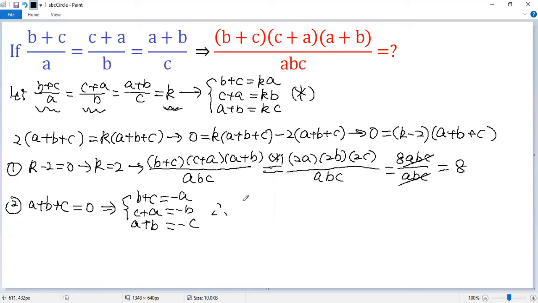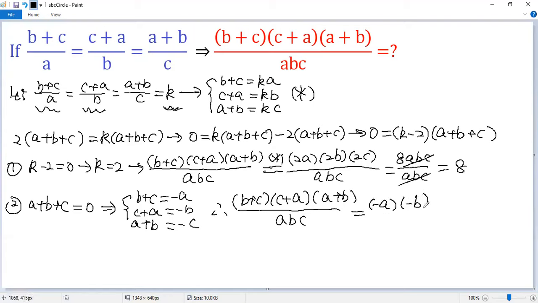So the target expression, (b plus c) times (c plus a) times (a plus b) over abc equals, look at that, b plus c equals negative a, c plus a equals negative b, a plus b equals negative c, over abc. So we get negative abc over abc. Cancel abc again, so we get negative 1.